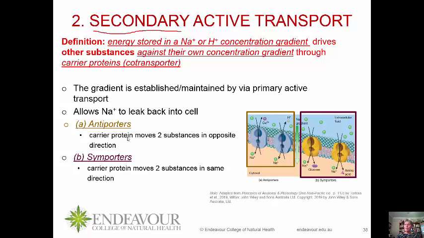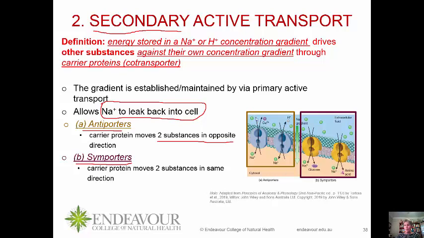So with secondary active transport, there are two types of carrier proteins. There are antiporters and there are symporters. Now, with antiporters, the carrier protein moves two substances in the opposite direction. So we know that sodium comes back into the cell. It was pumped out by primary active transport, now it needs to come back into the cell.